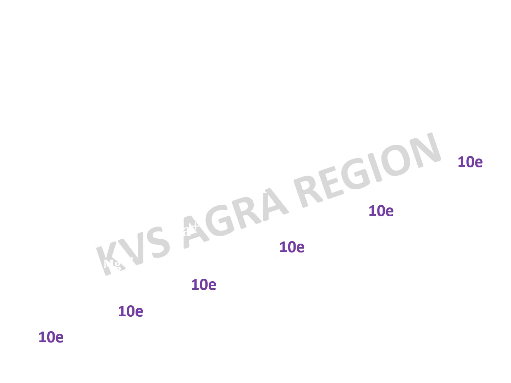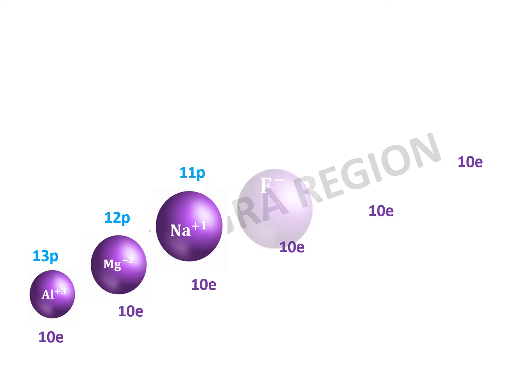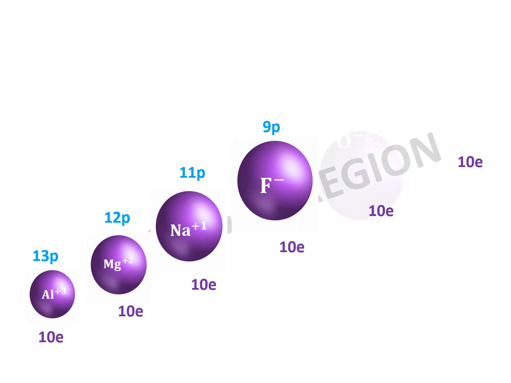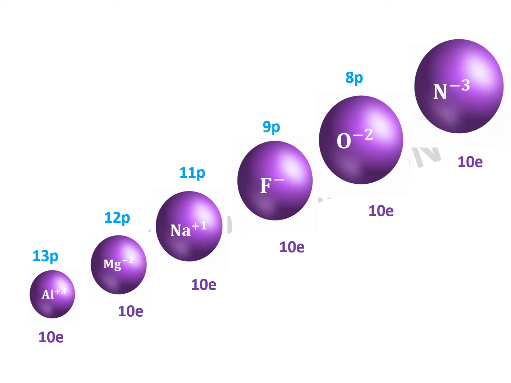Isoelectronic species with 10 electrons are as follows. Aluminium 3+ with 13 protons, magnesium 2+ with 12 protons, sodium 1+ with 11 protons, F- with 9, O2- with 8, N3- with 7.